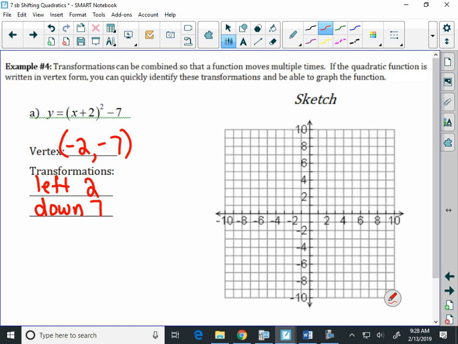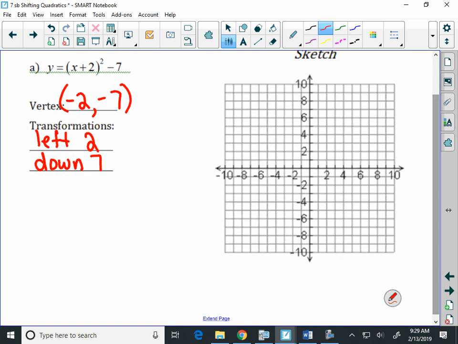And then we're going to come over here and graph. Again, you can use your calculator. I'm not going to. We're going to start with -2, -7. All the points that I graph are coming from this point. The pattern on a quadratic is from the vertex: we go one space to the right and one up. From the vertex, we go 2 spaces to the right and 4 up.